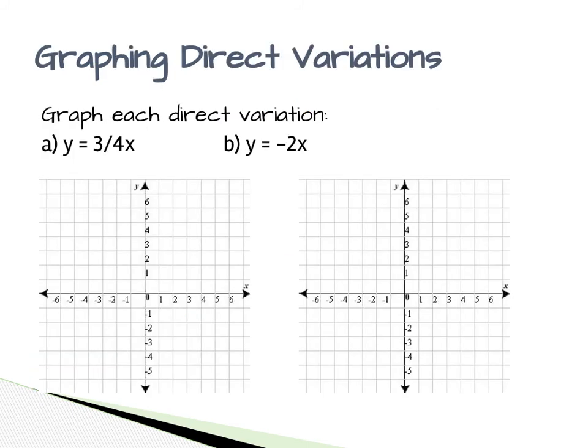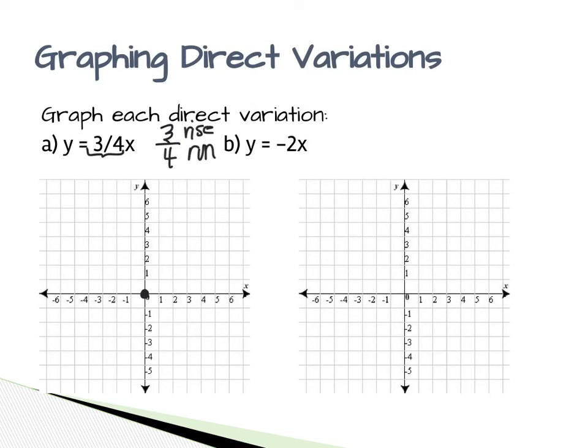Okay, so now we're going to graph direct variation equations. Direct variation equations always go through the origin. So when you graph A here, you can go ahead and put a point on 0. Then you take the number that is your K, and that's your slope. So if it's 3 over 4, that means you're going to rise 3, and you're going to run 4.